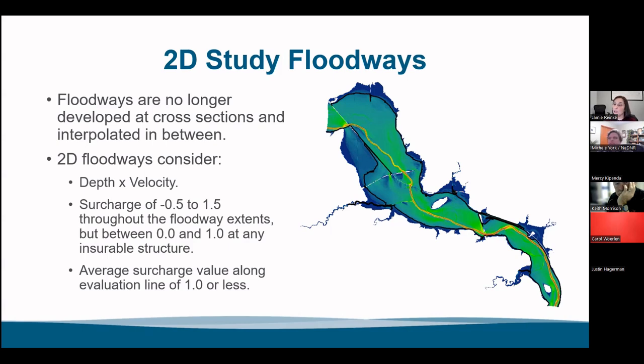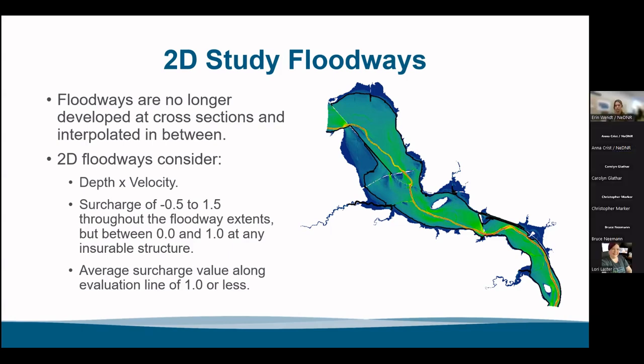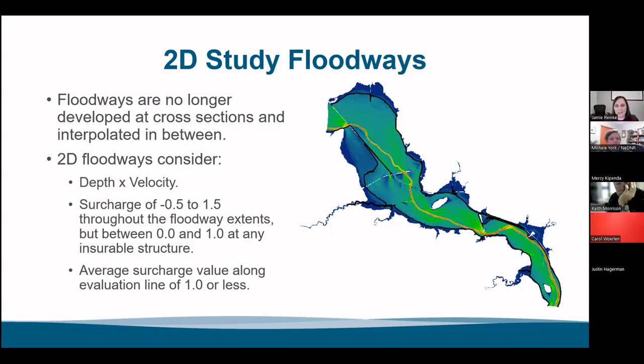In 2D, that is going to be a lot more difficult to manage and maintain, because while the floodway is a tool that's used for that, and FEMA is going to allow for the use similar to before, pretty much any change that you make in a 2-dimensional model is going to cause a change somewhere.